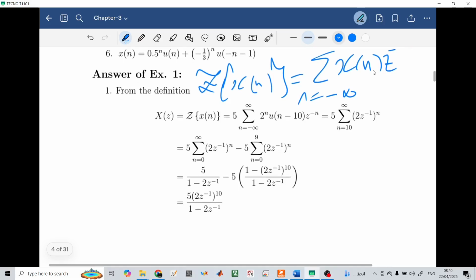Okay, so plug x of n here, so here we get it. The constant goes outside the summation.